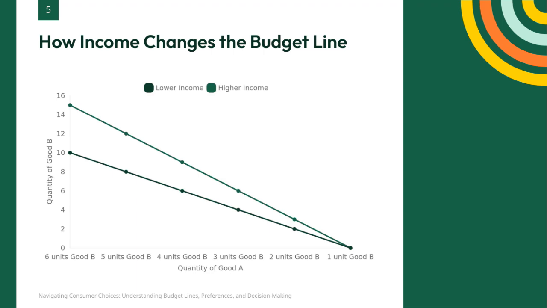Notice how the higher income line is further from the origin, allowing for more of both goods to be purchased. For example, when consuming 6 units of good B, someone with higher income can afford 15 units of good A, compared to just 10 units for someone with lower income. This clearly illustrates that as income increases, the budget line shifts outward, expanding the consumer's purchasing possibilities.